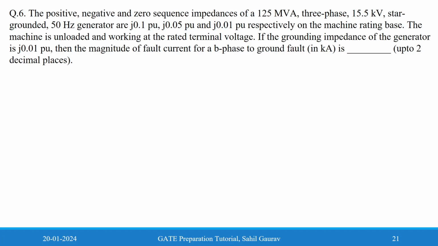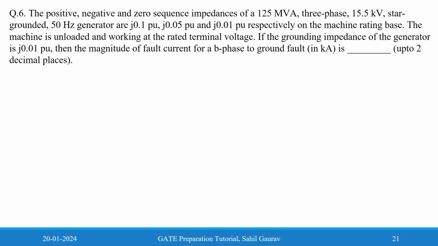The next problem is, yeah, here again this is a problem on LG fault. It is given that the positive, negative, and zero sequence impedances of a 125 MVA, three-phase, 15.5 kV, star grounded, 50 Hz generator are j0.1 per unit, j0.05 per unit, and j0.01 per unit respectively on the machine rating base.